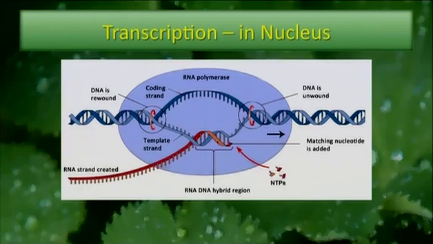So here in red is the mRNA strand. Here you have the nucleotides coming in, joined to each other by covalent bonding along the sugar-phosphate backbone by RNA polymerase, and then at the other end, after transcription has finished on this part, the DNA strand is rewound.